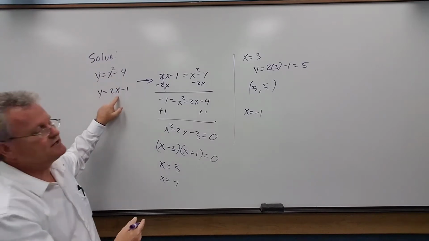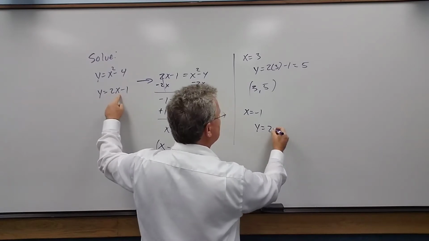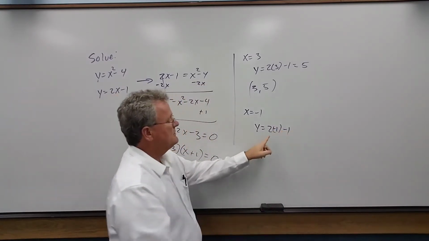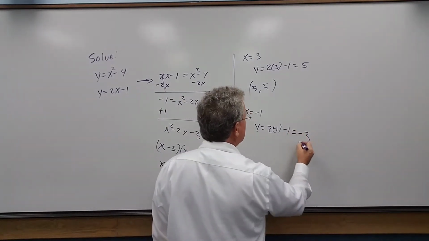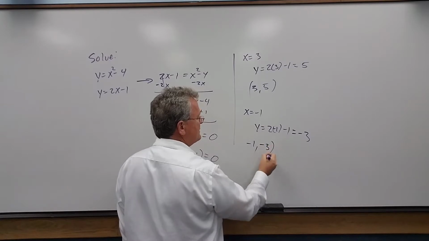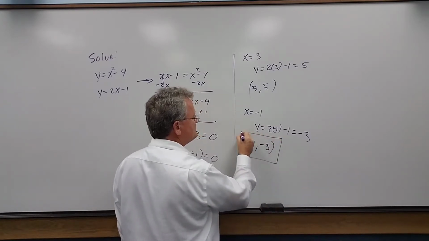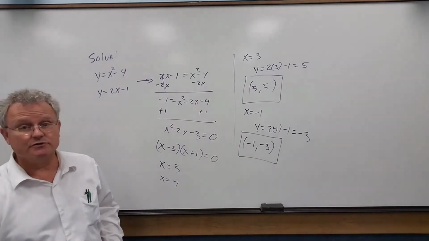I'm going to plug it into the second equation. So we get 2 times negative 1 minus 1. Minus 2 minus 1 is minus 3. So when x is negative 1, y is negative 3. So this is one of the solutions, this is the other solution. These are the two solutions.